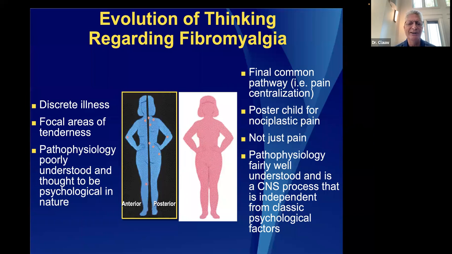What we know about this kind of pain is it seems to be coming from the central nervous system, the brain or spinal cord, rather than from the periphery. This used to be called things like central sensitization or centralized pain, and it's really revolutionized how we think about diagnosing and treating chronic pain.